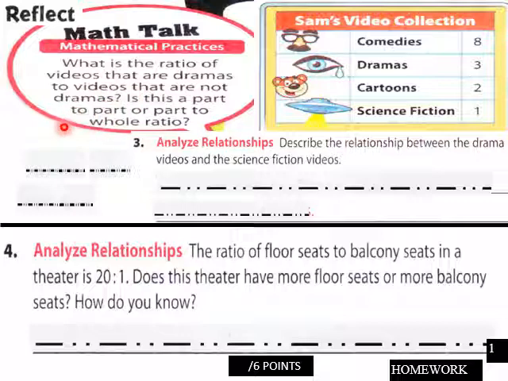Is this a part to part or part to whole ratio? That's just kind of a side question there. And then here, the ratio of floor seats to balcony seats in a theater is 20 to 1. Does this theater have more floor seats or more balcony seats? How do you know? So this is kind of a thinking about thinking question.